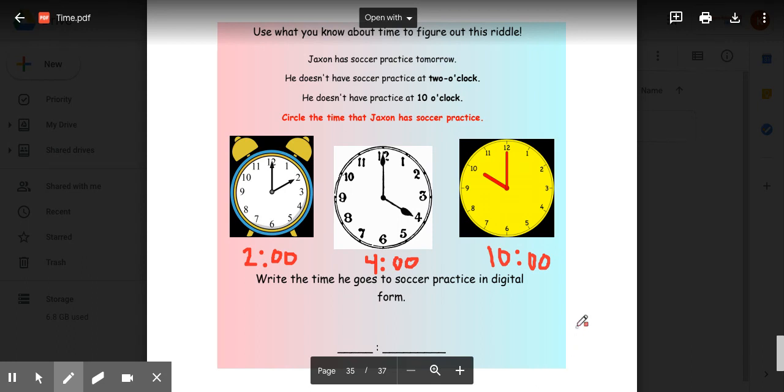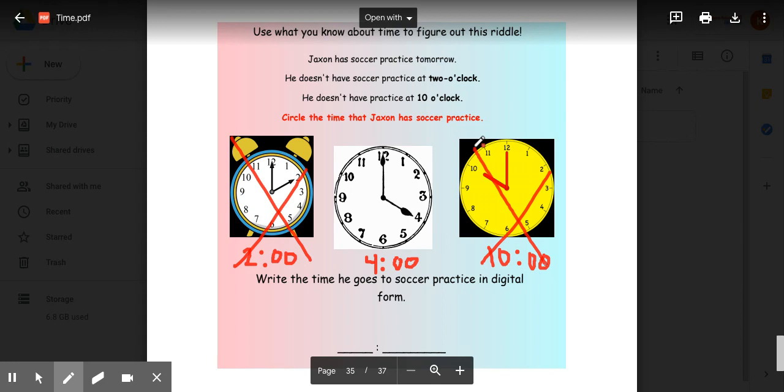Jackson has soccer practice tomorrow. He doesn't have soccer practice at 2 o'clock. So which one am I going to mark out? Very good. He does not have soccer practice at 2. He doesn't have practice at 10 o'clock. So which one can I mark out? Awesome.